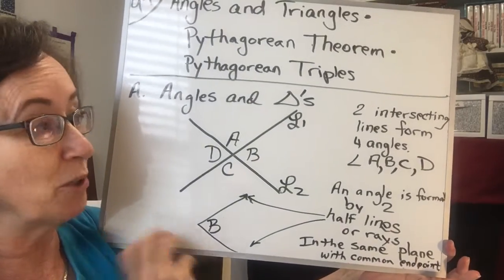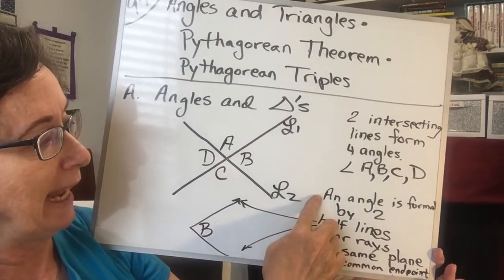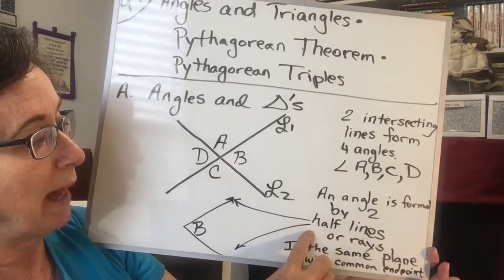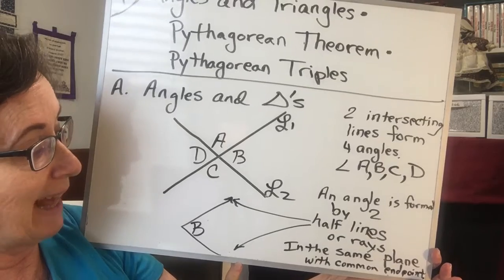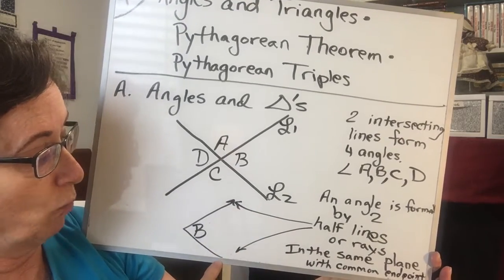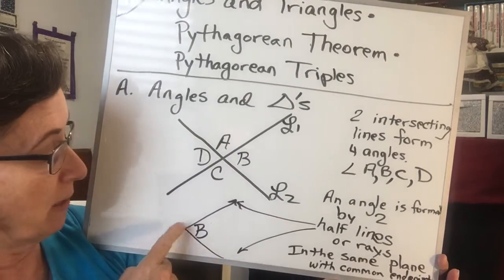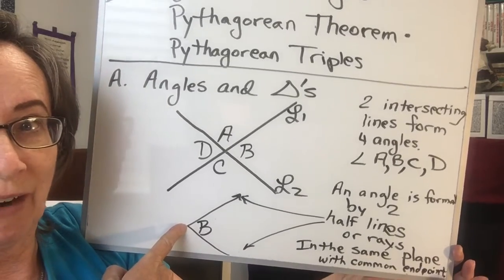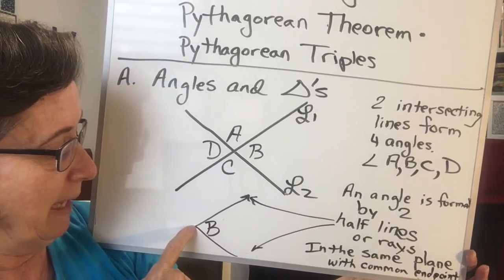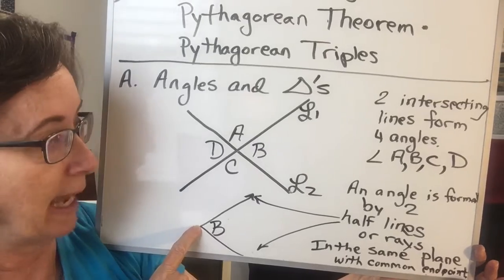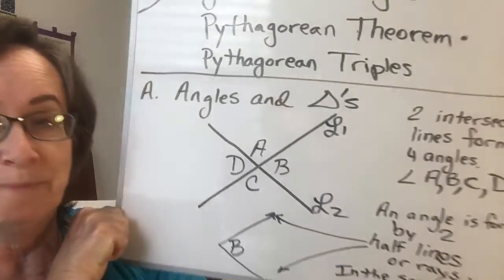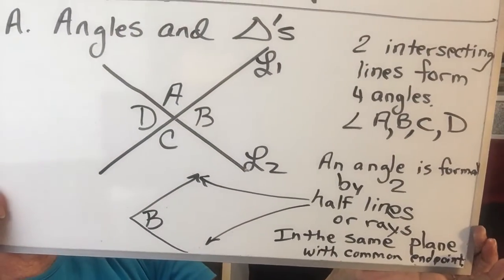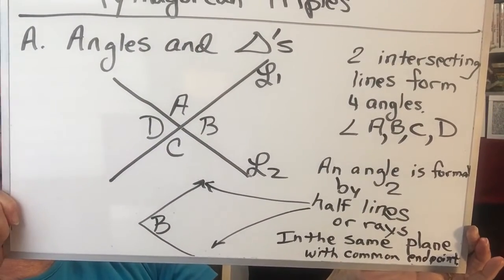And we're going to agree upon this definition. An angle is formed by two half lines or rays that are in the same plane with a common endpoint. So the common endpoint would be right there at the corner where the two lines intersect. So we're going to go with this definition of an angle. So there it is.